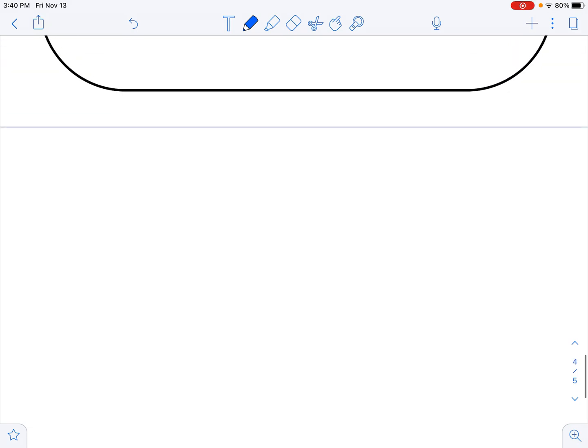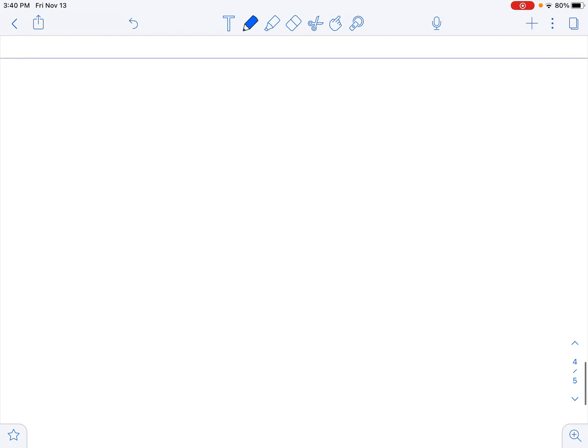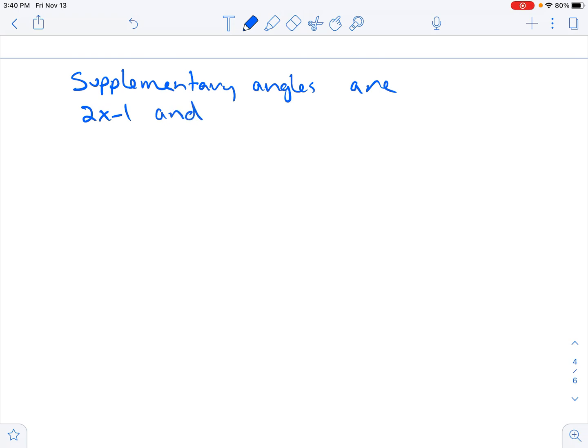The last thing just to point out to you, so anytime, if they were to say the supplementary angles are 2x minus 1 and 3x plus 6, and it says, solve for x.